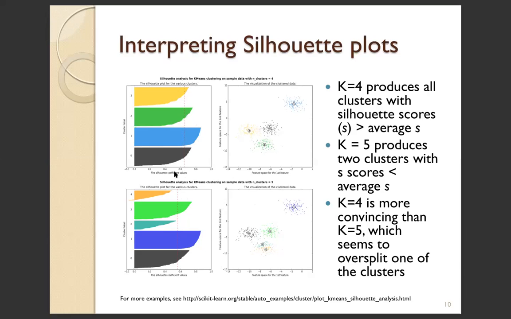The way to read the silhouette plot is that if all the silhouette coefficients are above the average here, then this K is the optimal K. If in this case you find that 2 of them are actually lower than it, it indicates that you have over-specified the number of clusters.